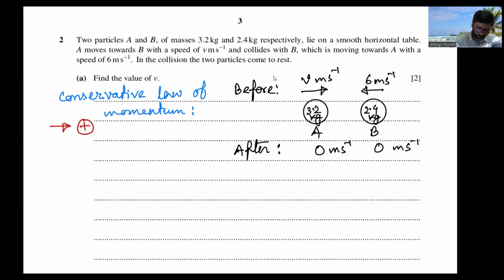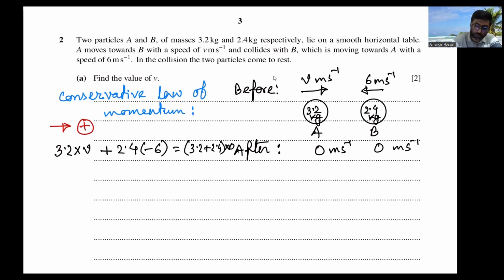So the sum of momentum before collision will give you 3.2 times V plus 2.4, which should be negative because it is moving opposite to the positive direction. And after impact, both particles come to rest, so that is 3.2 plus 2.4 times 0.